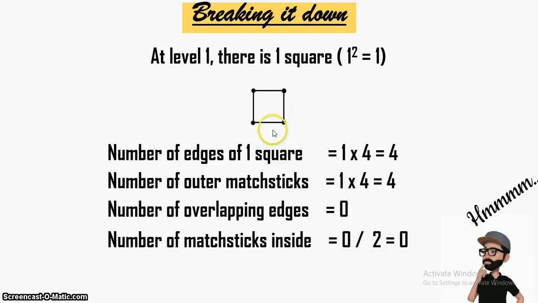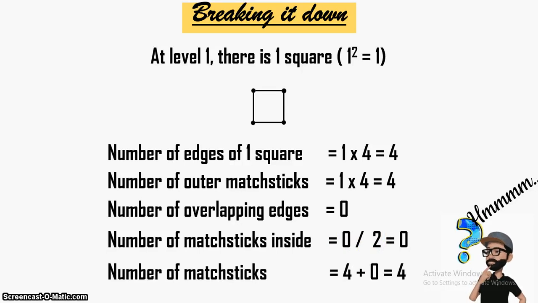We are dividing by 2 because if you have overlapping matchsticks, you would have 2 edges together. So to get for a single is just to divide that by 2. So that gives you the 1 edge you're seeing. But in this case, we don't have any. That's why I would say 0 divided by 2. You would understand this more when we move on to the next 2 levels.